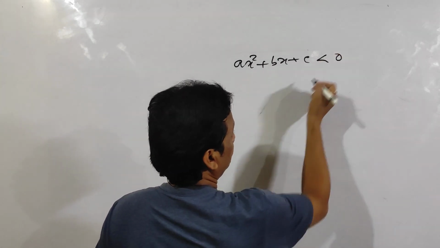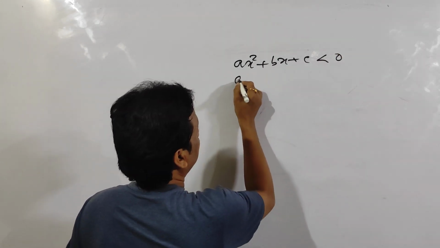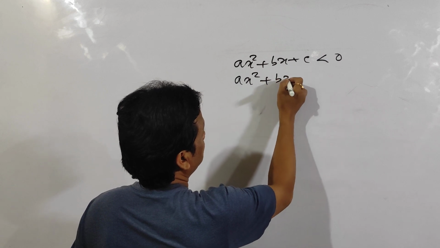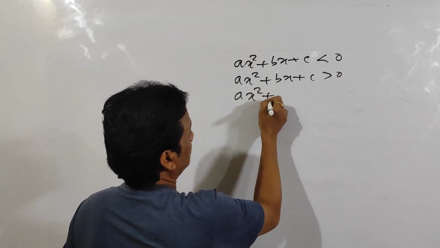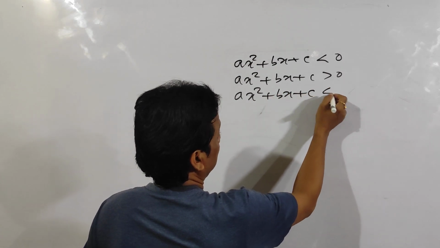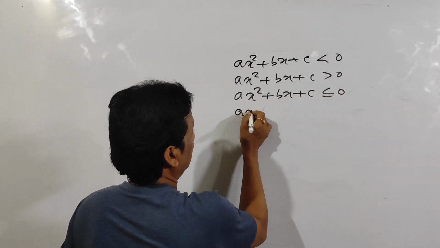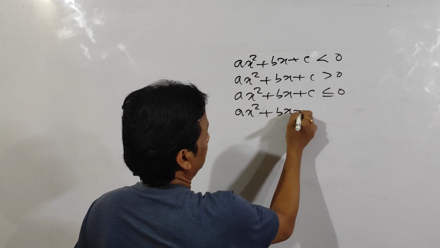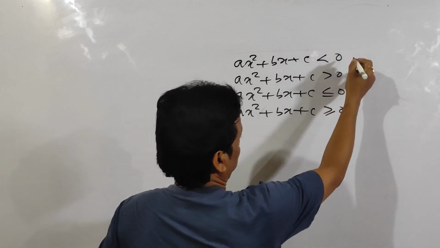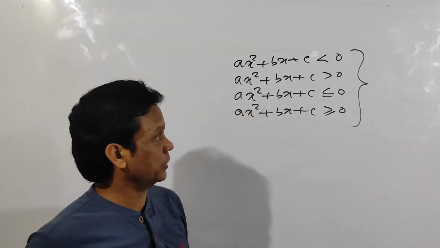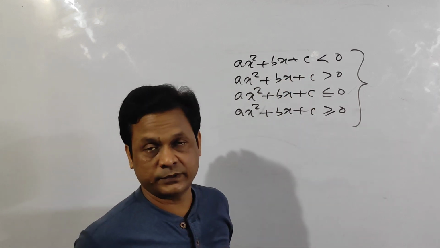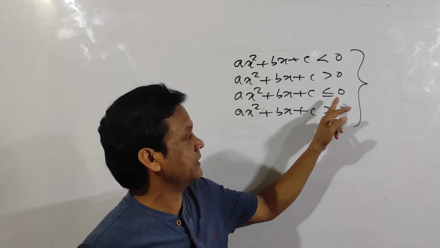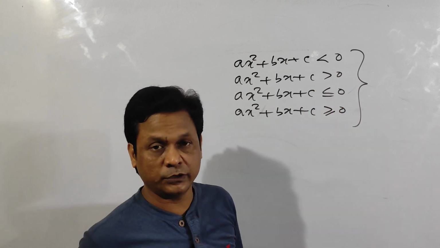So it is less than 0, or you can write ax square plus bx plus c greater than 0, or ax square plus bx plus c less than or equal to 0, or ax square plus bx plus c greater than or equal to 0. These are the four types, and I will tell you how to solve each one. Either less than 0, or greater than 0, or less than or equal to 0, or greater than or equal to 0.